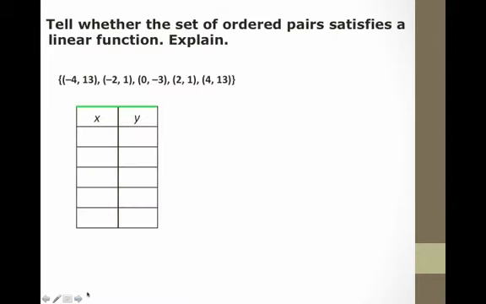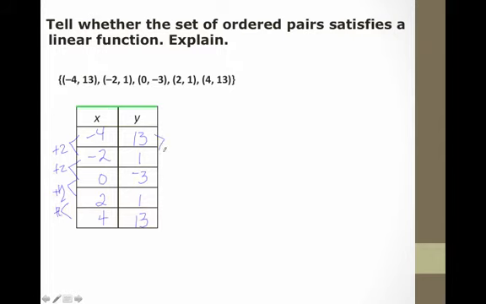So we're going to tell whether the set of ordered pairs satisfies a linear function. All right, first of all, I'm going to have to put my values in here. And I am looking to see if there is a pattern. Is there a constant change in x and a constant change in y? Well, what do I see? I've got +2, +2, +2, +2. So far, so good. What about over here?